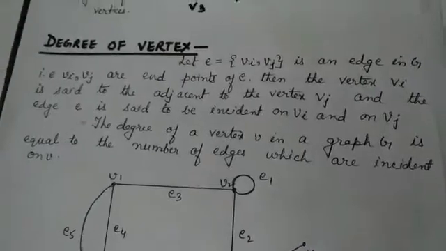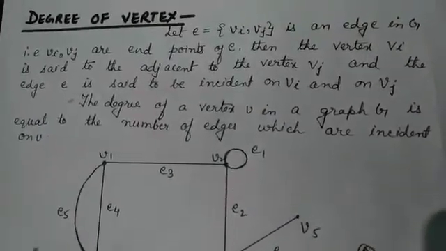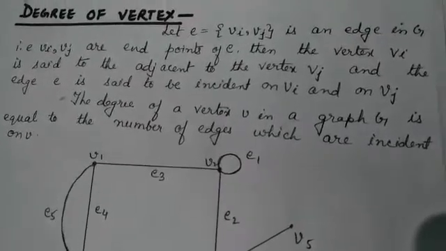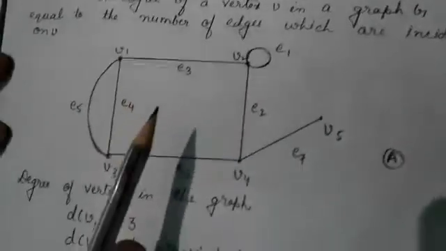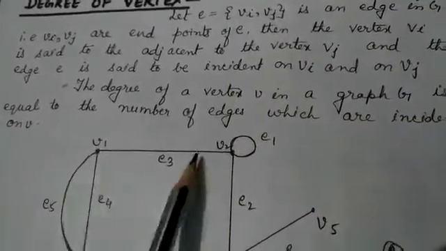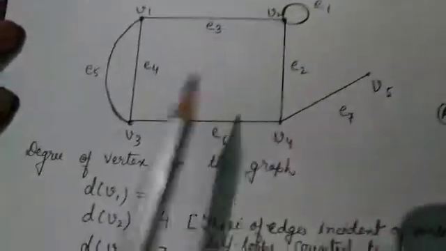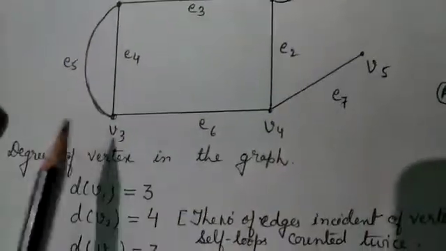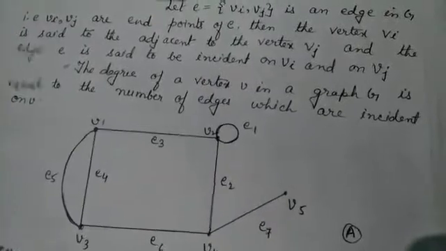Before knowing about some other types of graph, we must know how to find out the degree of a vertex. Here you can see a graph. The degree of vertex V in a graph G is equal to the number of edges which are incident on V. Here we have a graph with 5 vertices and 7 edges.